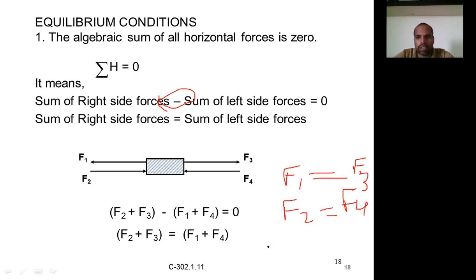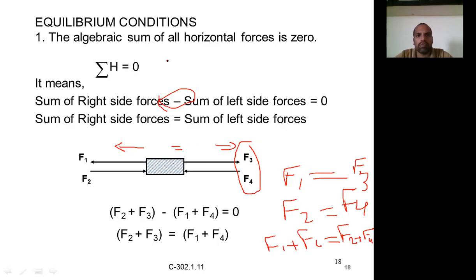Or F1 plus F2 is equal to F3 plus F4. Ultimately, whatever the forces towards the right side are, they shall be equal to the forces acting in the other direction.